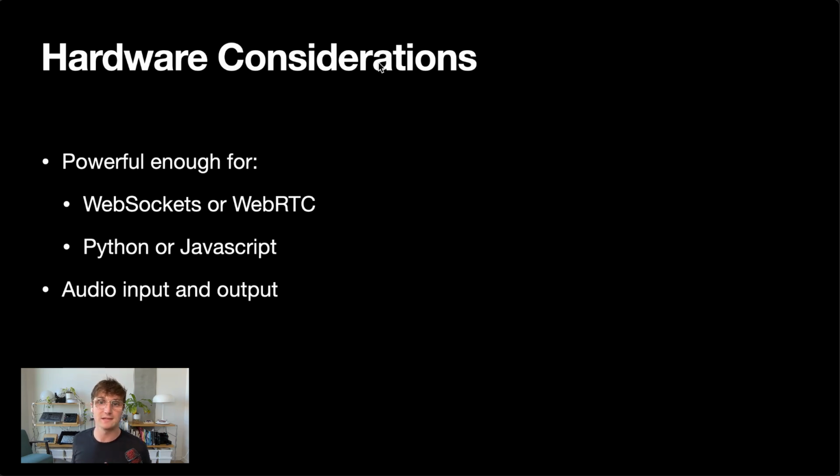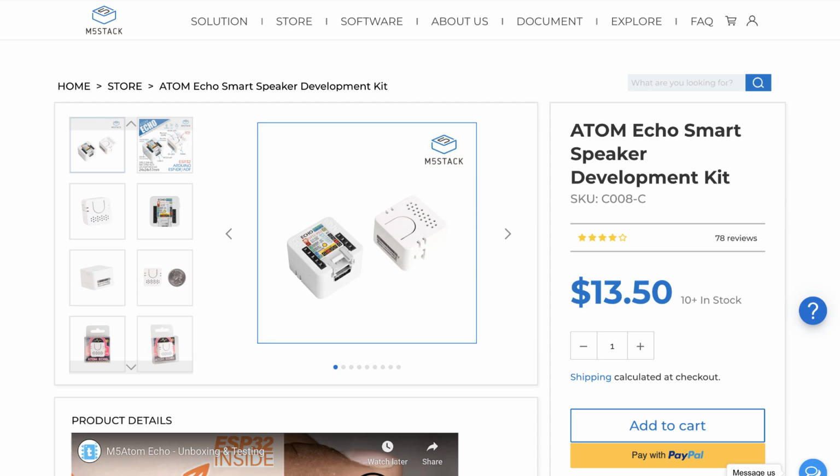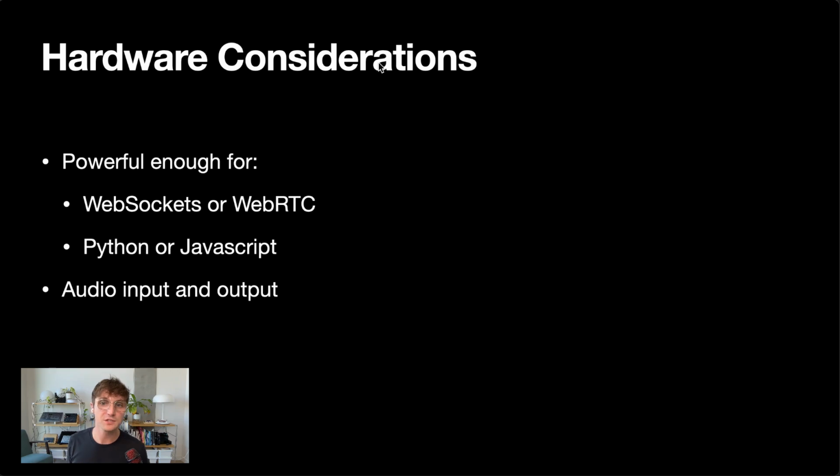Now, one of the devices I stumbled upon in my research for this project was called the Atom Echo, and it actually has everything you need to build a smart speaker already built in. It's essentially an ESP32 system on a chip with a basic speaker and microphone. But the issue I'm concerned about is that it's based on the ESP32, which I just don't believe is powerful enough to run something like this.